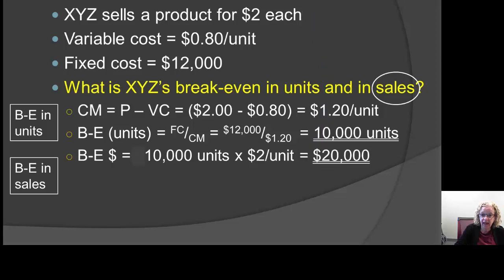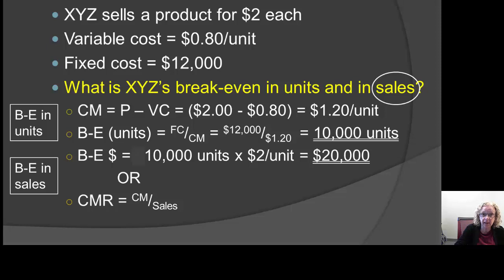That means that if we generate $20,000 of sales revenue, we will have sold 10,000 units. We'll have just enough sales revenue to cover the variable cost of each of those units and cover our fixed cost.